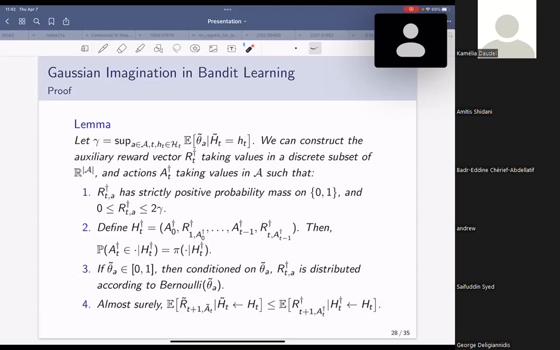And the third property says that if the theta tilde for action A is a number between 0 and 1, then conditioned on theta tilde, the auxiliary reward is distributed according to a Bernoulli distribution. So it's a discrete random variable. And almost surely the expected imaginary reward is upper bounded by the expected auxiliary reward for each time step and for each action.